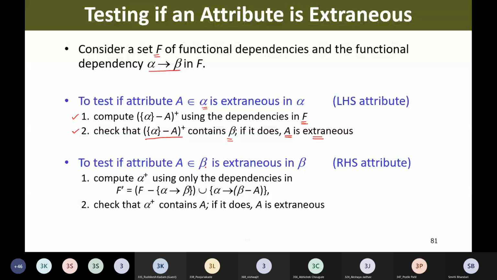Step number 1, compute alpha plus using the dependencies in F dash. Right? So, what is alpha plus? It is closure of left hand side. So, I'll find out the attribute closure alpha plus using the new set of functional dependencies F dash.